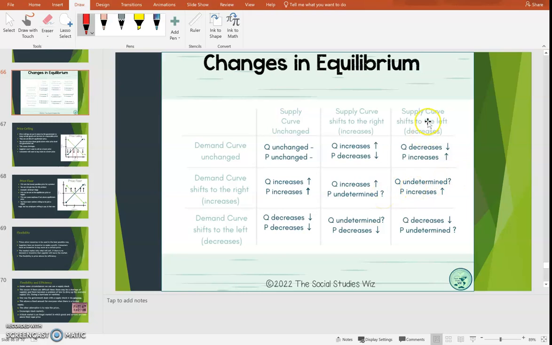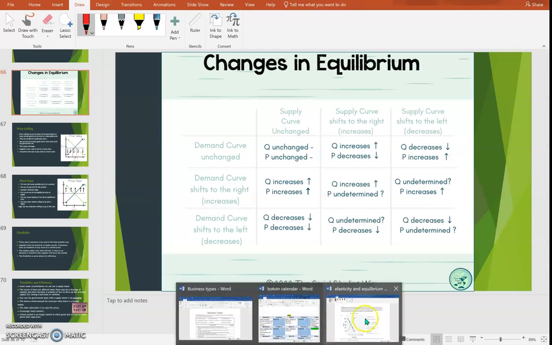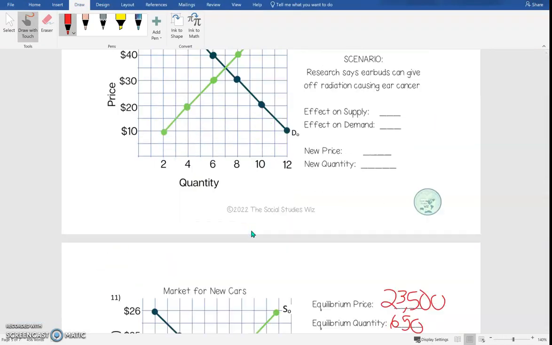There are certain situations in this chart where either the quantity or the price is undetermined, okay? There are situations where they increase or they decrease. Use this chart. If you want to come back to this video, at this point, pause it, and look at all the scenarios real quick so that you can fill that out, that's fine. All right, going back to our homework now.